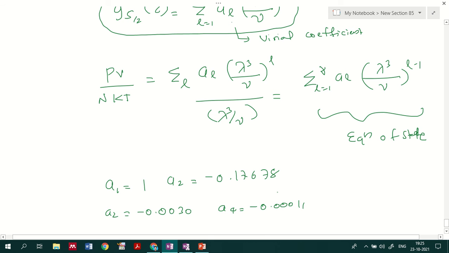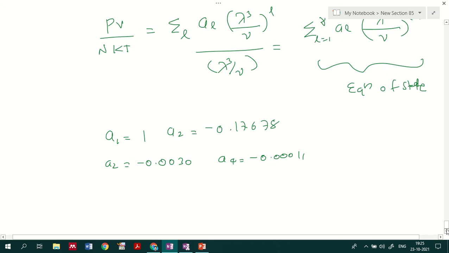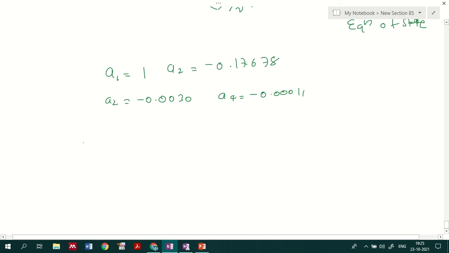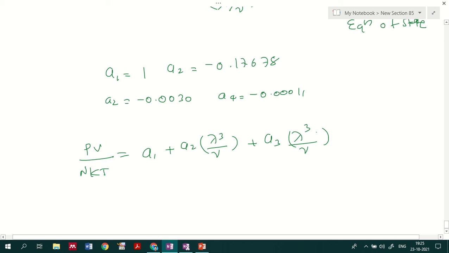If you use these different values of the virial coefficient, and expand, you will get pV by NkT equal to a1 plus a2 lambda cubed divided by nu, plus a3 lambda cubed divided by nu raised to 2, plus etc. You can expand the equation of state like that.